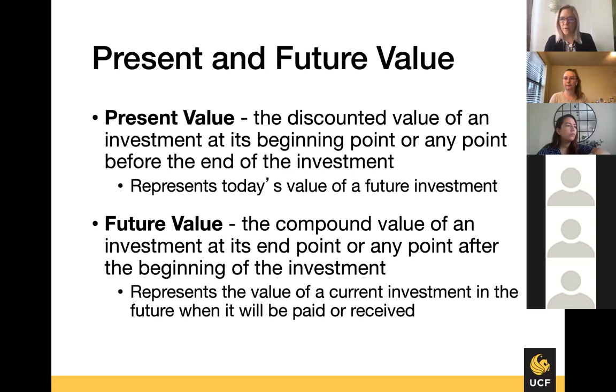The future value, again, it's just the opposite. So the future value is going to represent that compounded value of an investment at any point after its original starting point or any point after the beginning of the investment. And so the future value represents the value of a current investment at the point in the future when it will be paid or received by the investor.